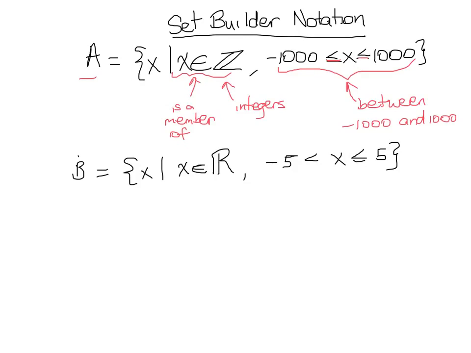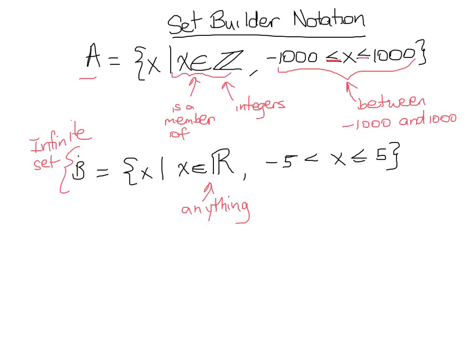So in this case, because we are looking at a set of real numbers, and that could be anything at all on the number line, this set is impossible to list. So in that case, this set, set B, is called an infinite set. It's impossible to list the values because real numbers is everything on the number line.